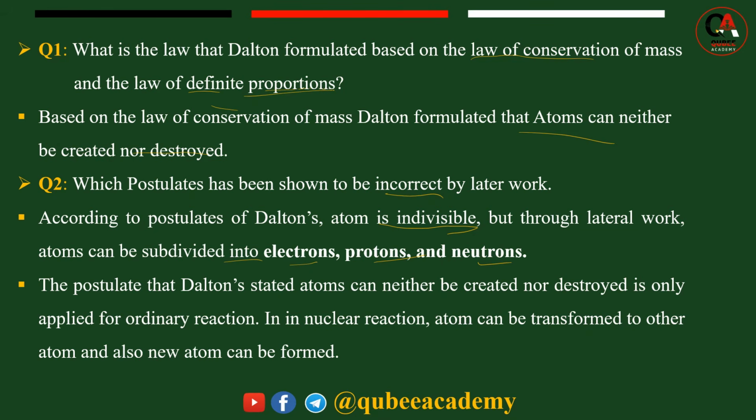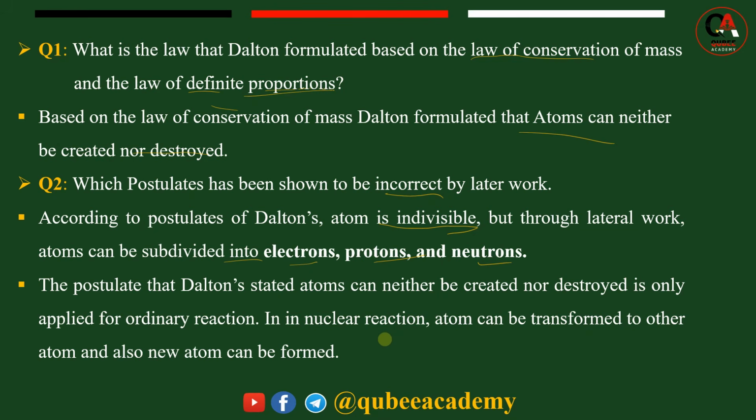The nuclear reaction is the reaction in which the nucleus of a given atom can combine with another nucleus to produce a new atom, which is completely different from the first one. And also, a given nucleus can further subdivide to produce new atoms.